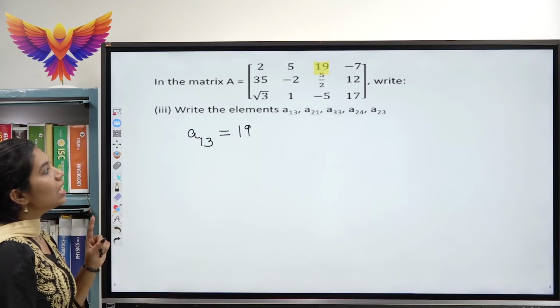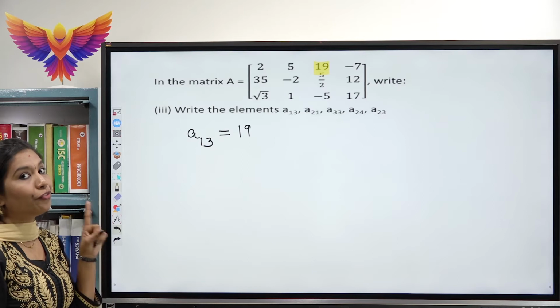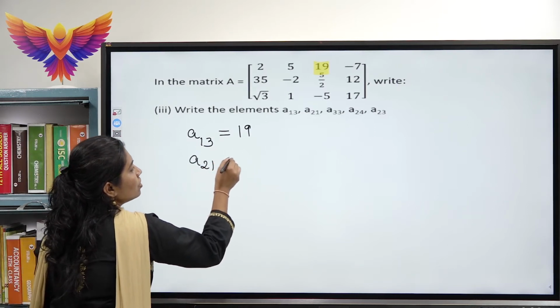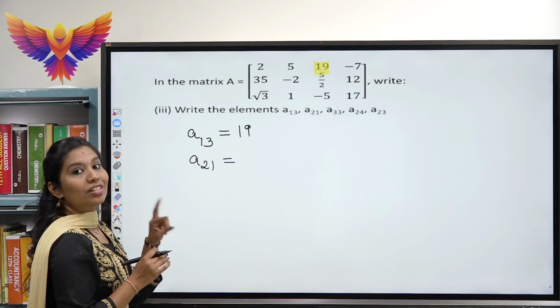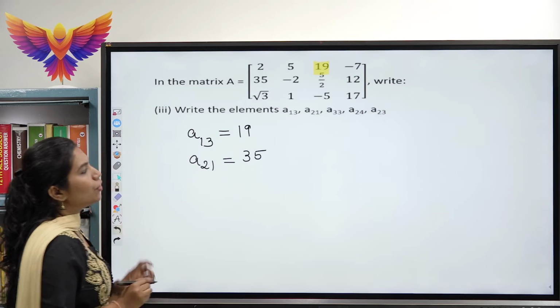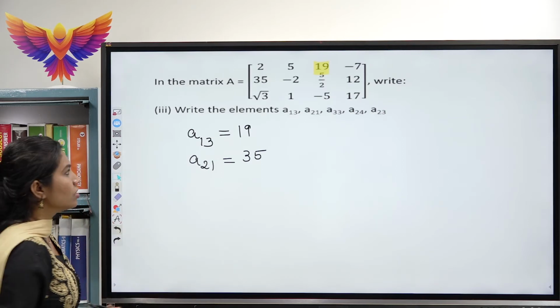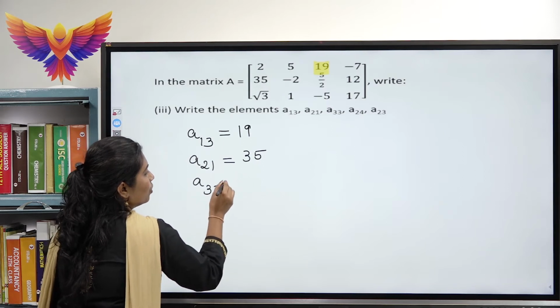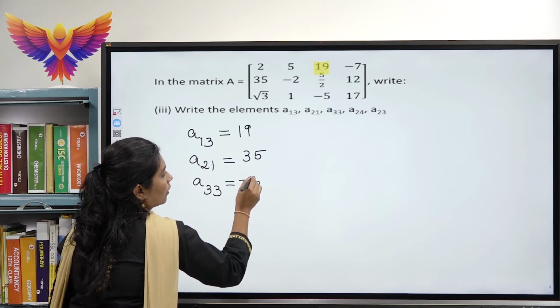The same way, A21, second row, first column, which is the first element of the second row, which is nothing but 35. Similarly, A33, just now we discussed, is nothing but minus 5. A33 is equal to minus 5.